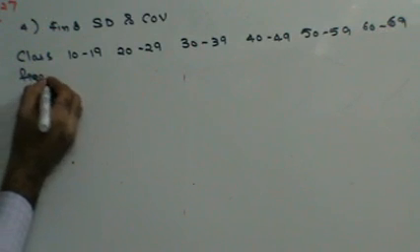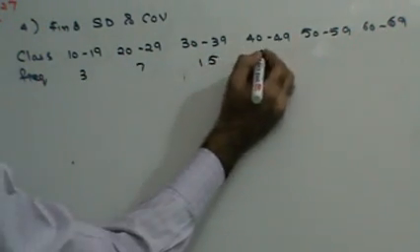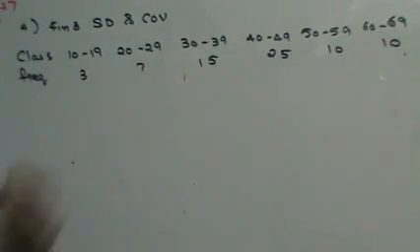Frequency is given as 3, 7, 15, 25, 10, 10. One unique thing about this sum is that here the class interval is not continuous.